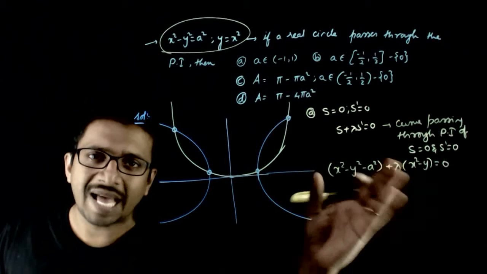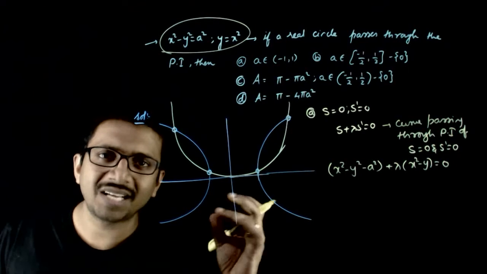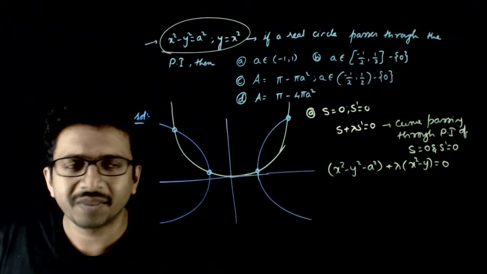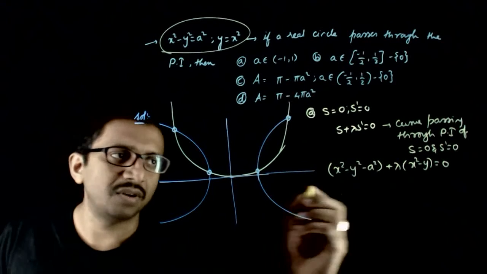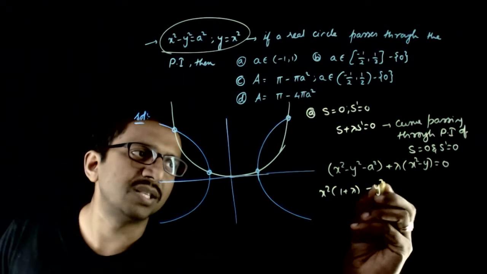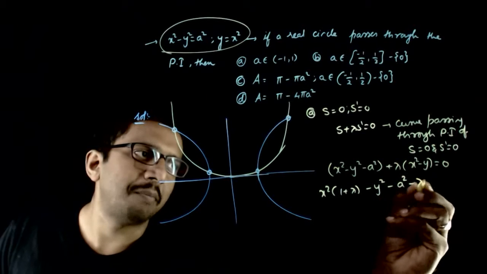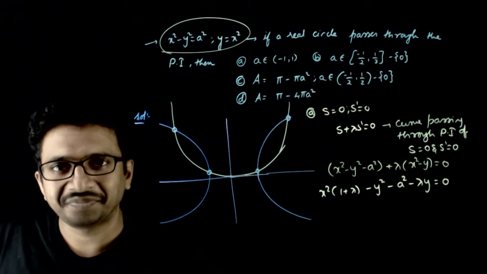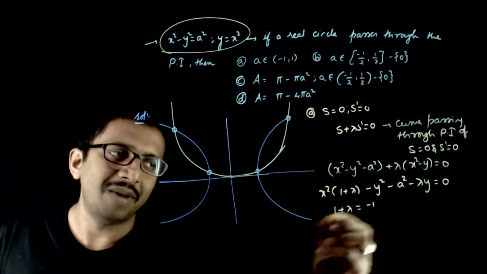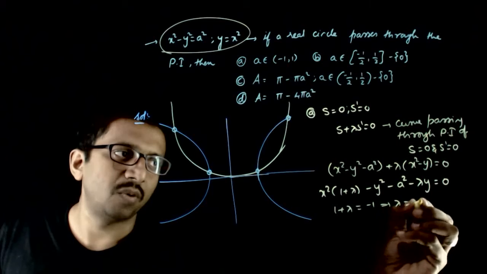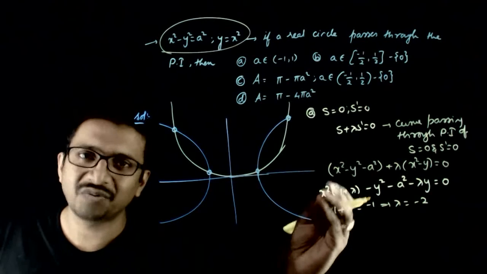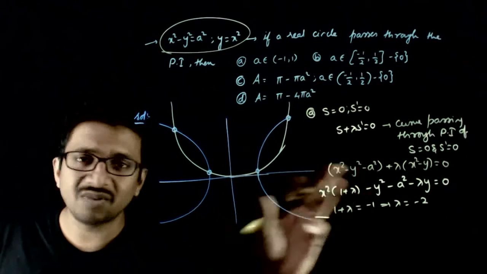If a general equation has to represent a circle, the two conditions are that the xy term should not be there and the coefficient of x² and the coefficient of y² should be the same. So let us equate them. x²(1 + λ) − y² − a² − λy = 0. So 1 + λ should be equal to −1, so λ should be equal to −2. If λ = −2, then the x² and y² coefficients will be the same and this will represent a circle.